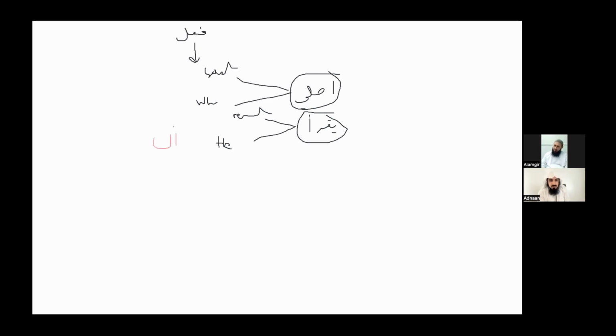Al-kitaba. This is called maf'ul bihi. Okay? So notice how maf'ul bihi, the thing or the person whom the action is falling on, it's being done to, will have a fatha, also known as mansub.